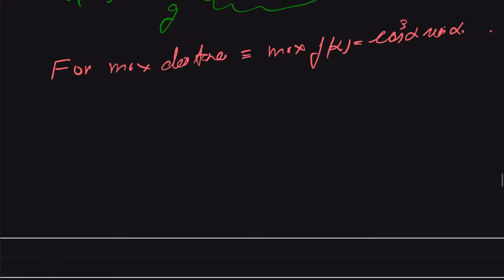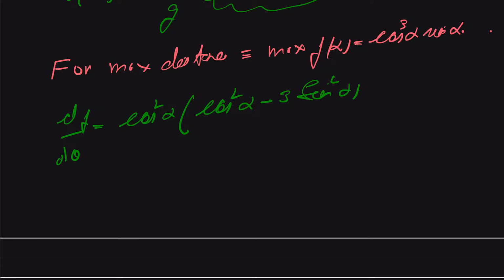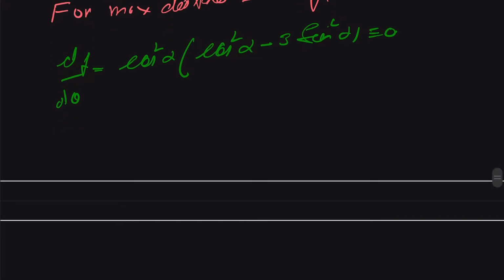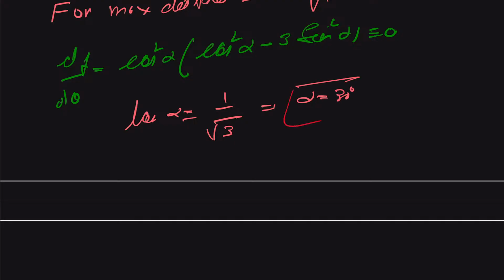So we can say df upon d theta will give us cos square alpha times cos square alpha minus 3 sin square alpha, equal to 0. So from here we get tan alpha is equal to 1 upon square root of 3, which gives us that alpha is equal to 30 degrees.